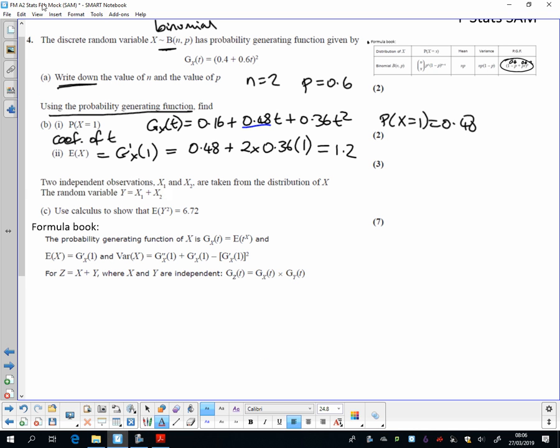The last one says use calculus to show that E of Y squared is this. Y is the random variable X1 plus X2, and because they've said use calculus, you're not allowed to just generate a table for Y and then work out the expected value of Y squared from that.